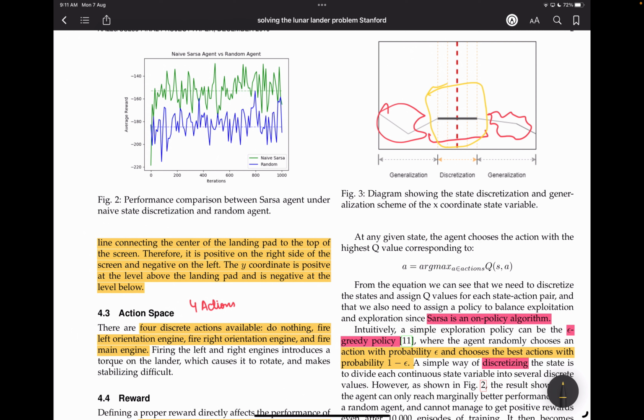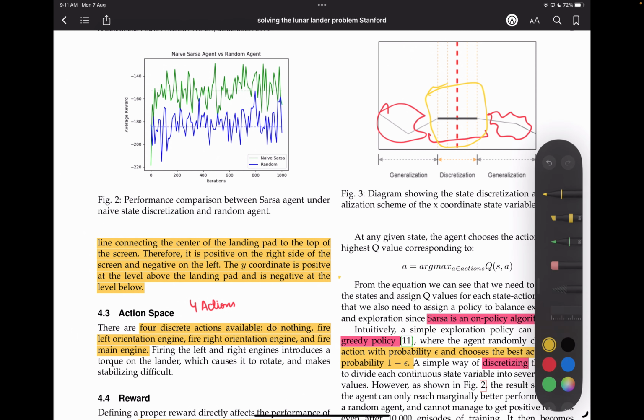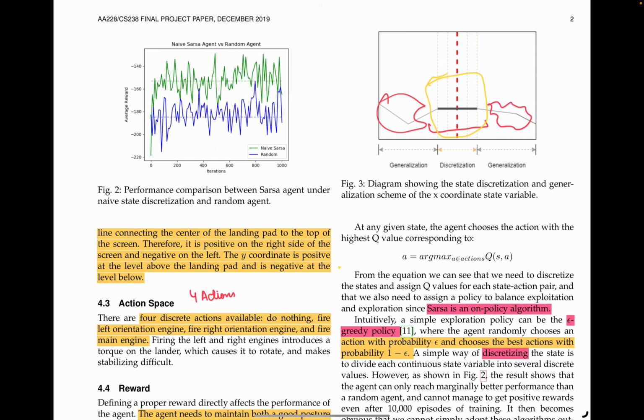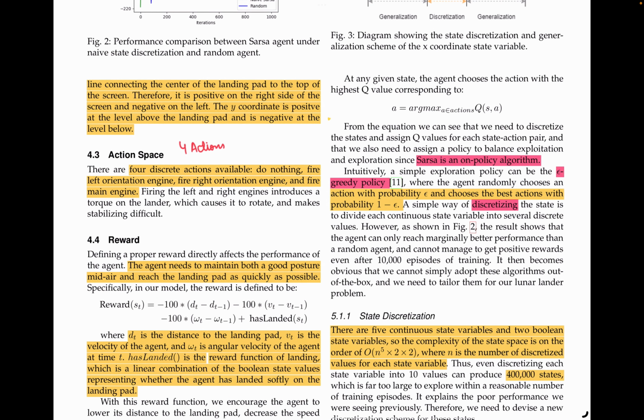So the states that are related to this place, the yellow portion, are what we are concerned with, and the rest of them would be a generalized state. What if I have, say, 10,000 or more states in the generalization area, and I combine all those and turn them into one state? Wouldn't that be a much easier approach, right?